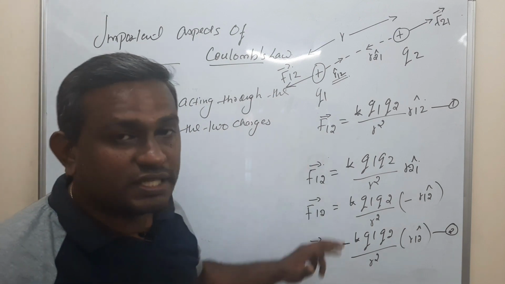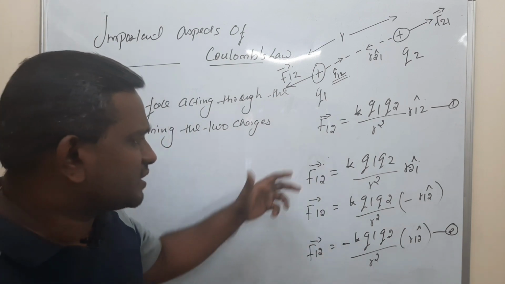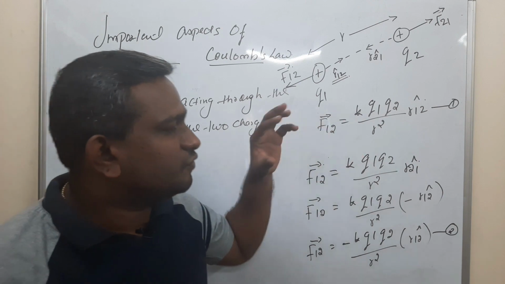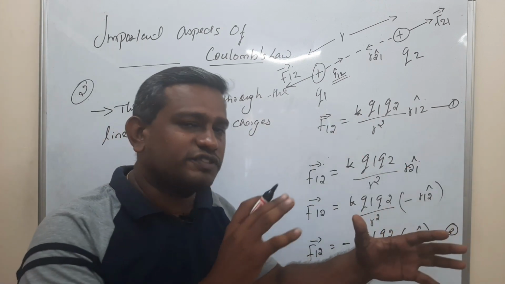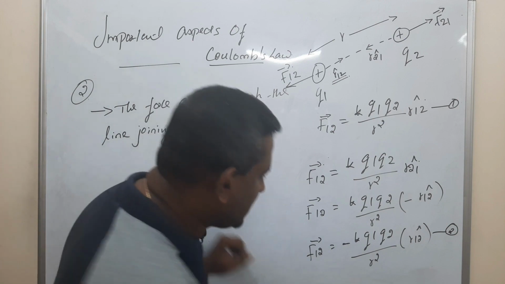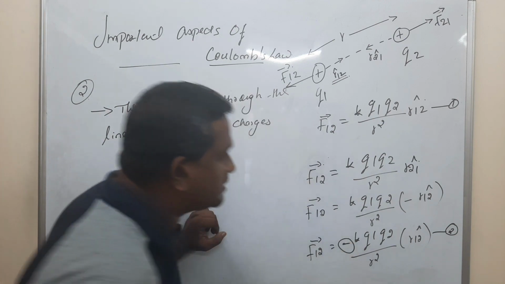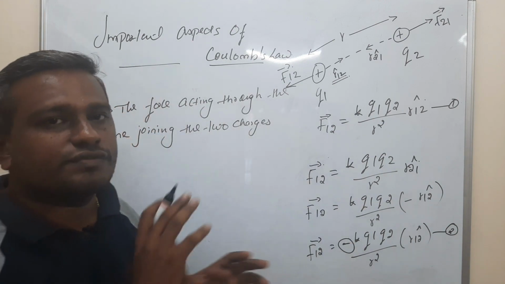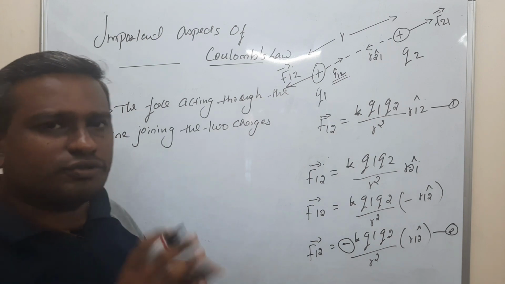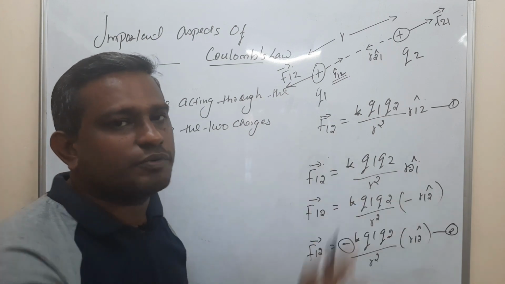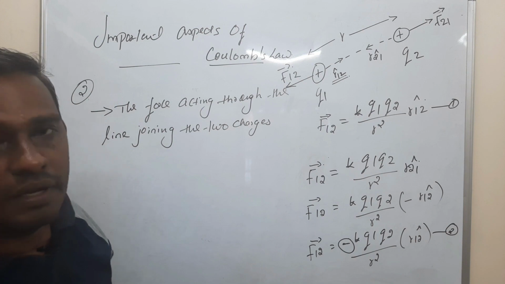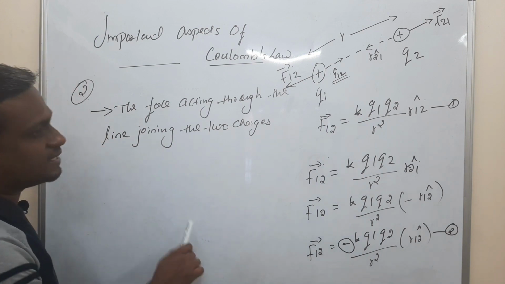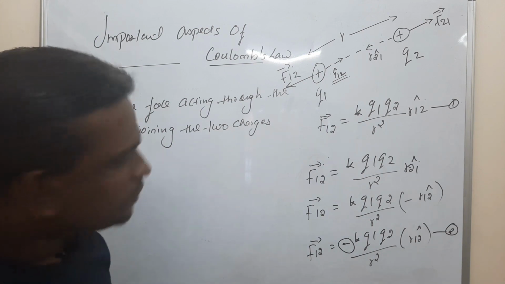Force is a vector quantity. So we can conclude that both forces are the same in magnitude but opposite in direction because of this minus. So this is the second aspect of Coulomb's law.